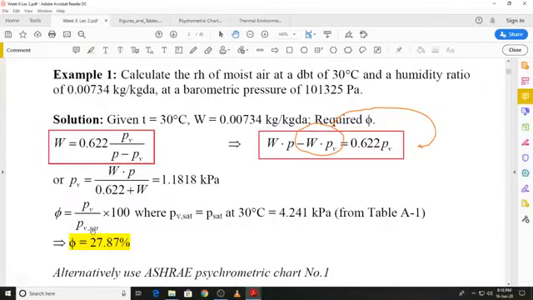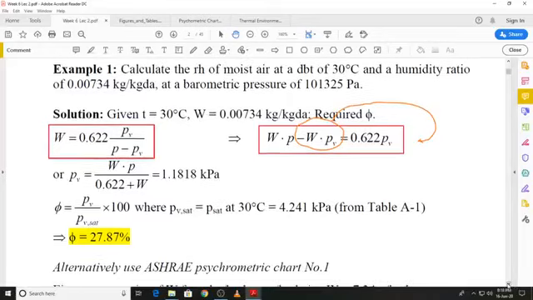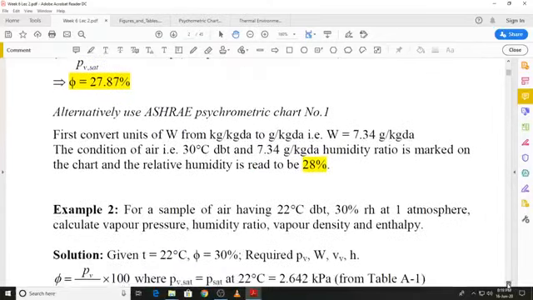Substituting that value over here, we find the relative humidity as 27.87%. So that is the required result by using equations. The same we will find by using the psychrometric chart.